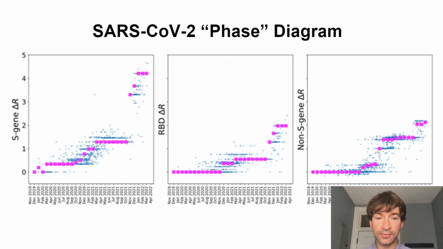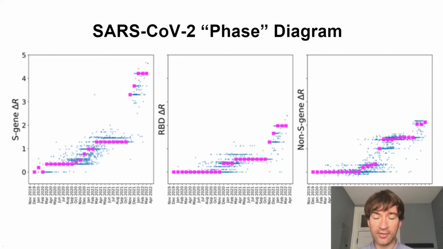And on the vertical axis, we have the delta R, the fitness estimate or fitness advantage as estimated by our method, BVAS. And so, one thing that's immediately clear is that as you go from left to right and as time increases, the fitness advantage of these lineages is increasing, right? So the horizontal position of each lineage or each blue dot corresponds to when it first appeared in the data, its birthday, so to speak.